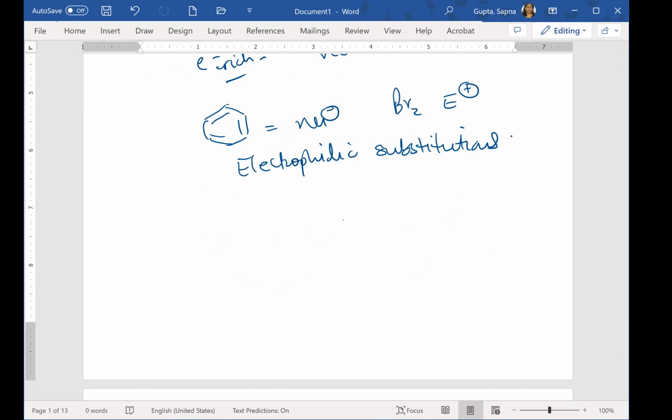How does it work? I'm going to write a generic mechanism for you because all the reactions are going to work exactly the same way. Here you have an electrophile. If you're writing this, then draw the double bonds out. I didn't say this before, but please, when you're drawing your benzene rings, make them nice.